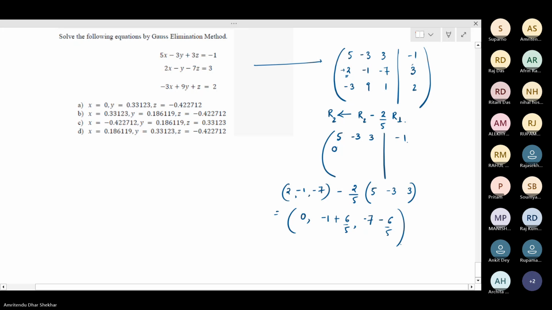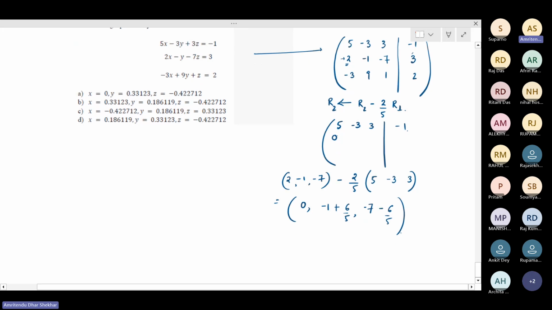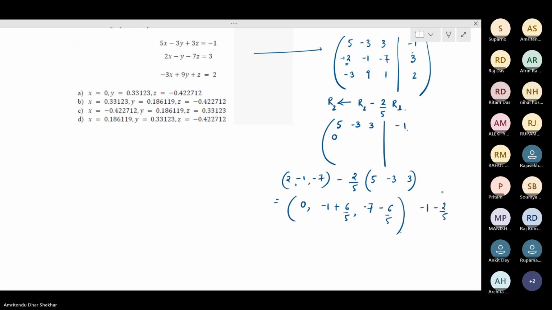And of course, you have to change the right hand side also. The right hand side becomes 3 minus 2 by 5 times minus 1, which is 3 plus 2 by 5.